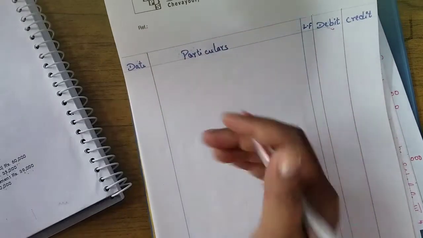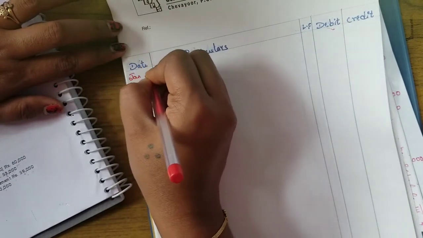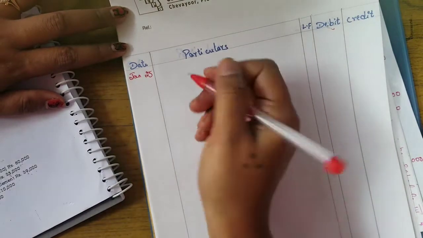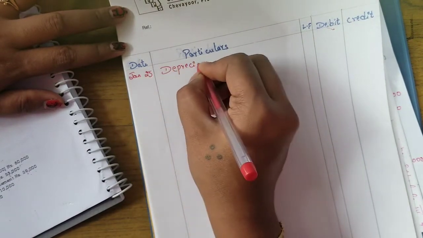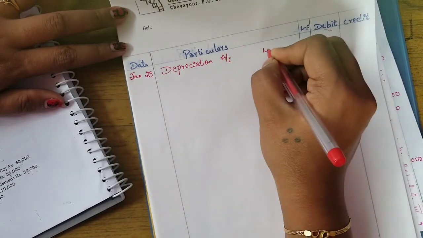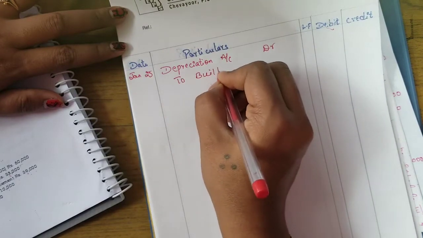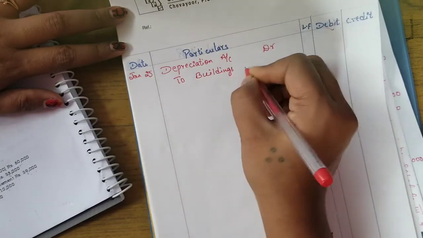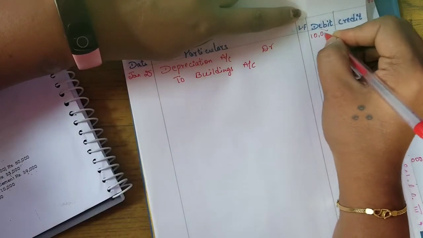Entry will be on January 25th. Entry will be depreciation account debtor to buildings account, amounting rupees 10,000.